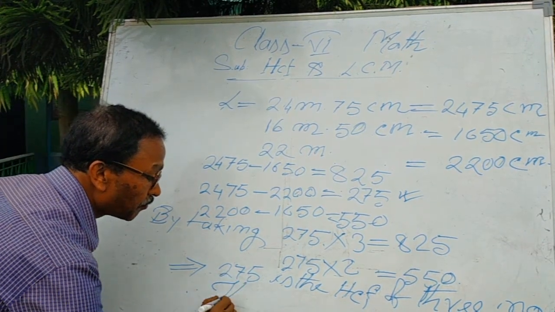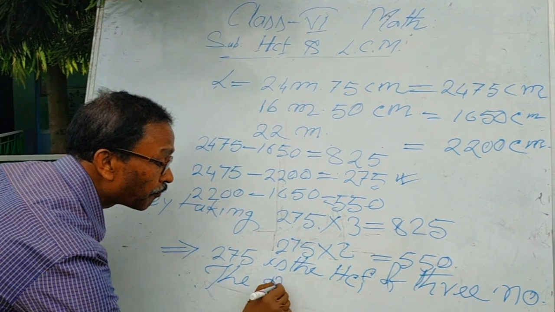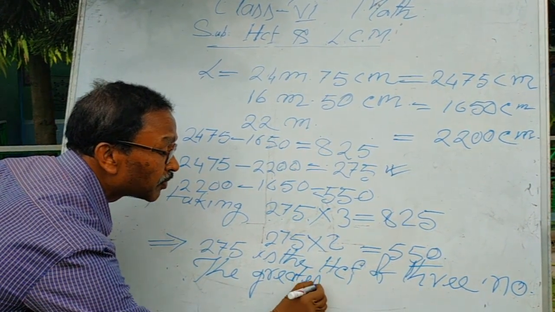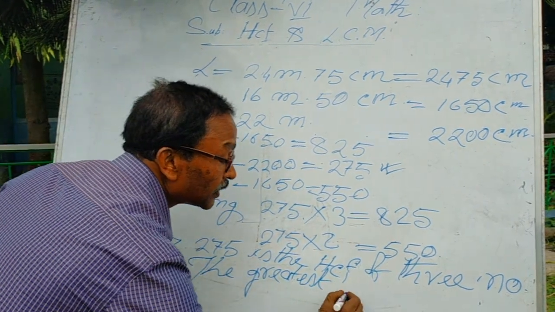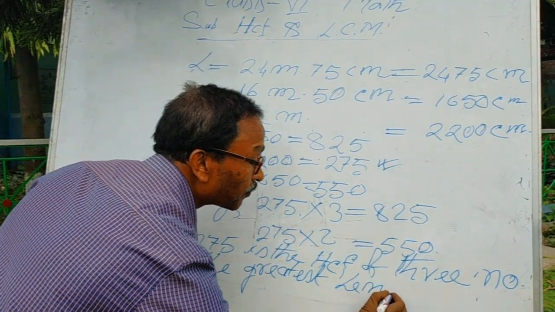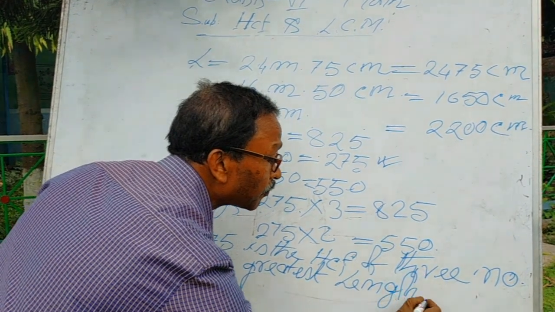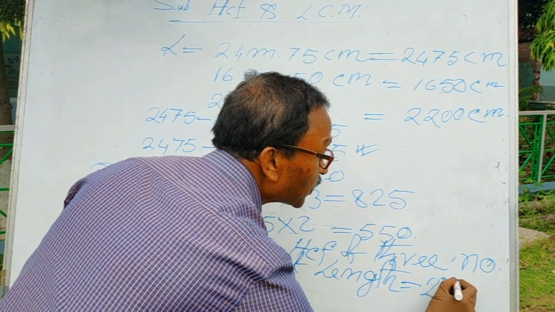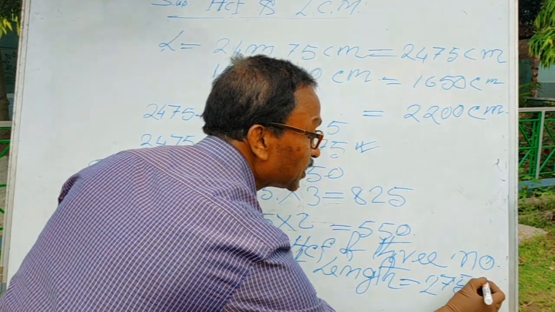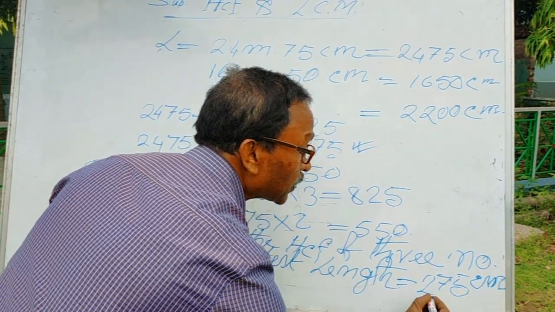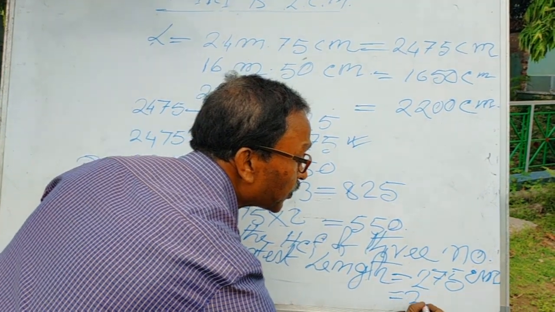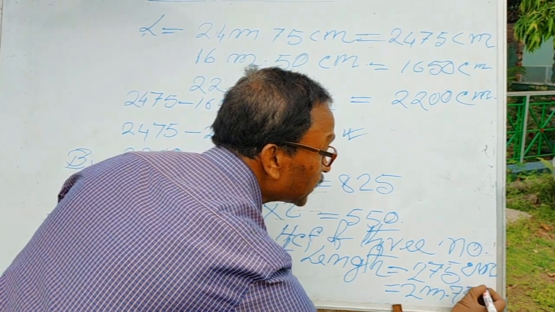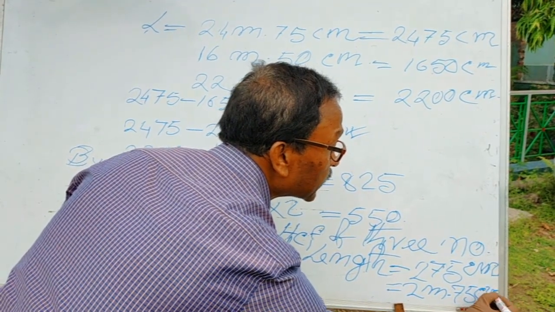That is the greatest length, equal to 275 cm, equal to 2 meter 75 cm.